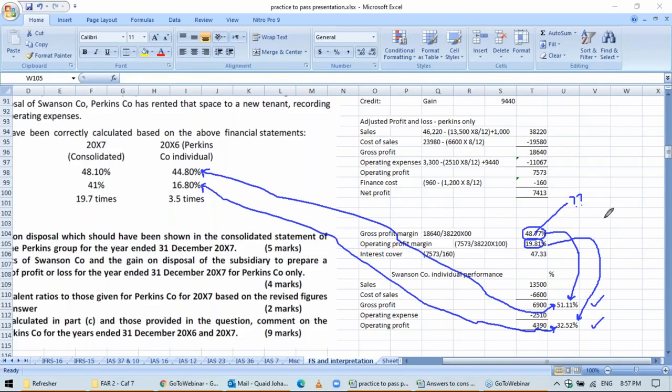So subsidiary companies' results are apparently better. One of the reasons behind that could be that they are obtaining goods, services and expenses at either low cost or at lower profit margins from the parent company, due to which the profit margins of the parent company are going down and the subsidiary's profit margins are improving.